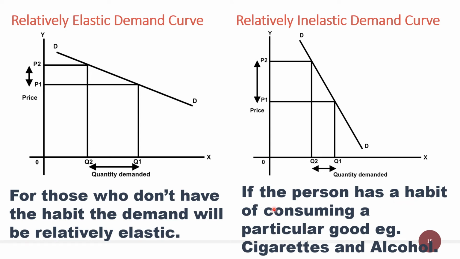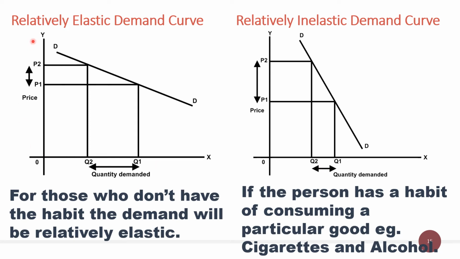If a person has the habit of consuming a particular good, for example, cigarettes and alcohol, I'm just taking these as examples. Even if the price of cigarettes rises to a large extent, because the person has a habit, he will not change his demand much on account of having the habit of consuming it.